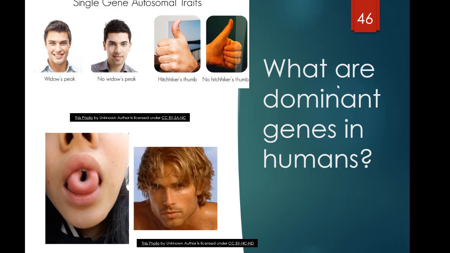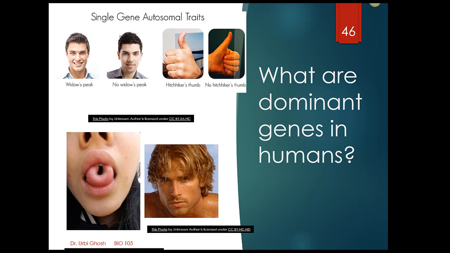So there are some easily observable human traits that follow this Mendelian pattern of inheritance, which show dominant and recessive genes. For example, an unattached earlobe is dominant versus an attached earlobe, which is recessive. A widow's peak hairline, a cleft chin, a rolling tongue, and a hitchhiker's thumb are other examples of dominant and recessive genes.